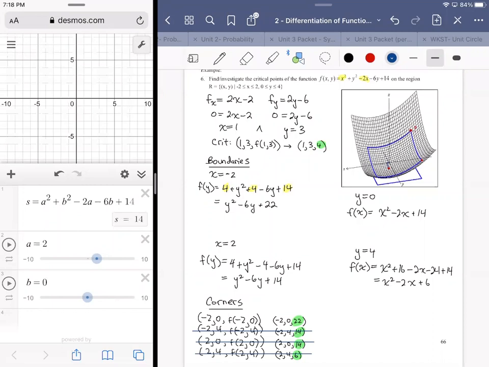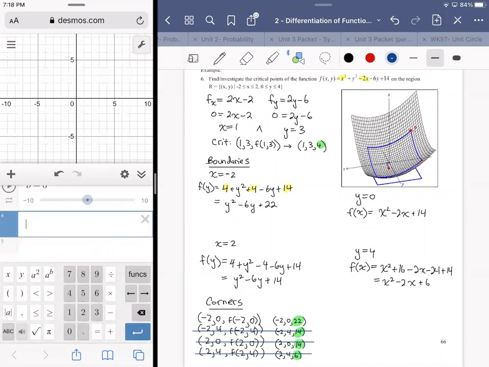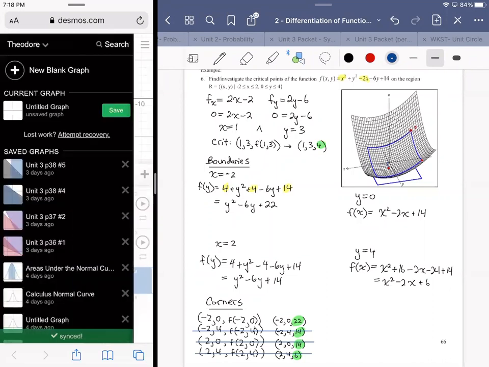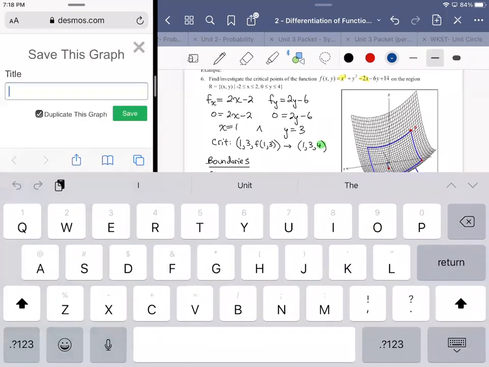Now, one of the good things is that they're all quadratic. They're functions of one variable, so I can just put in a standard form quadratic. I can do it as a new Desmos if I want, and I'll save this. This is absolute extrema.